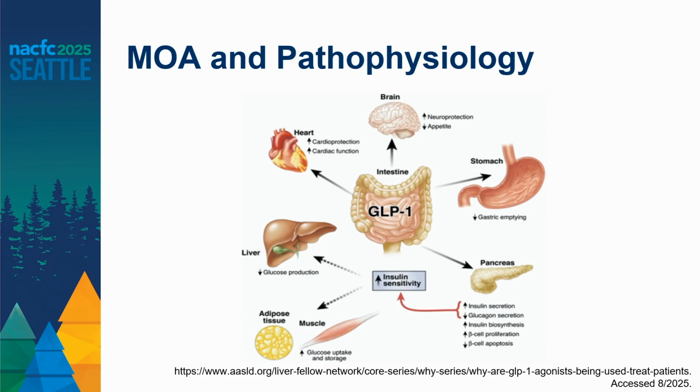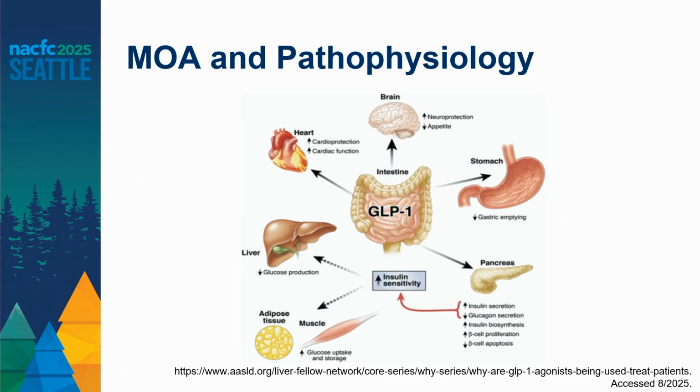Your heart gets cardioprotection, and there's increased cardiac function that can occur. Your liver stops; you're telling your liver, hey, we don't need to make any more glucose, let's just chill for a little bit. So your body is basically going into a homeostasis type of standpoint. Your muscle is taking in more glucose, helping with storage, and your pancreas is doing a lot of things.